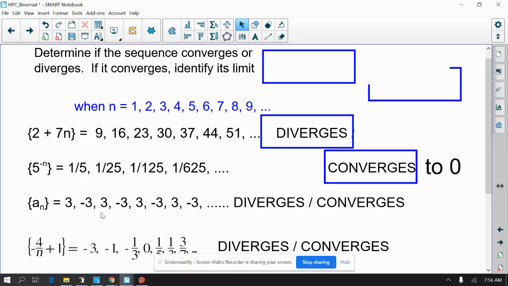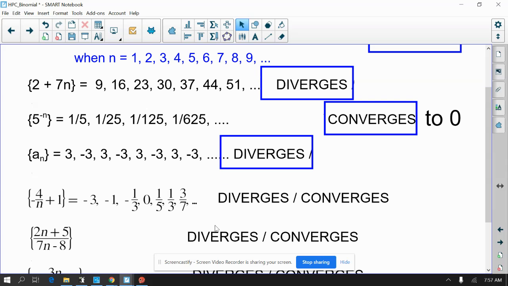What about number 3? The sequence is 3, -3, 3, -3, 3, -3. It just keeps on oscillating between 3 and -3. If I go out 1,000 terms, it's either going to be 3 or -3. So it never lands on one specific number. That diverges.